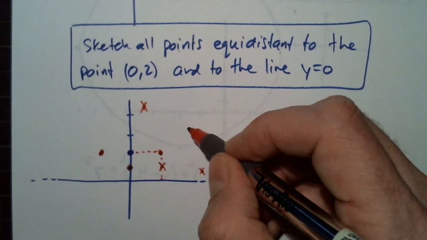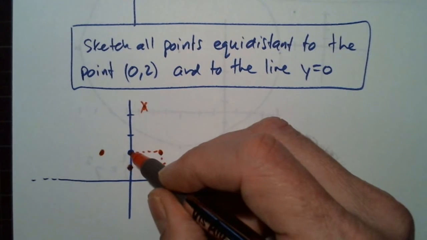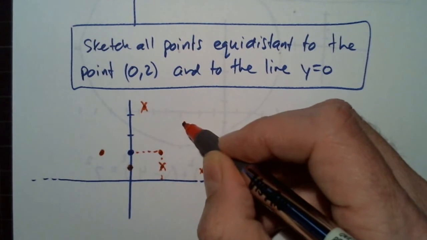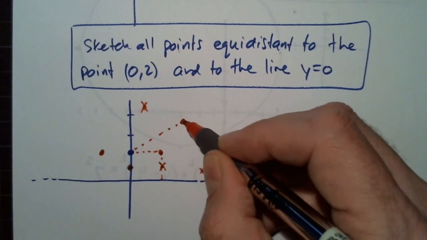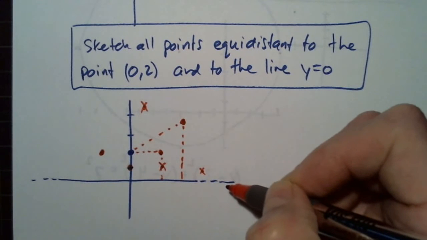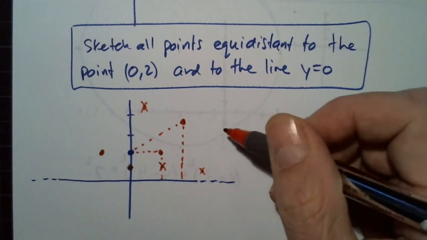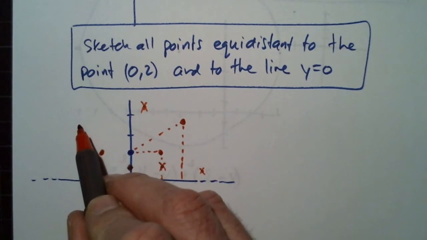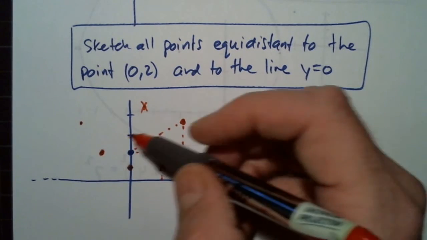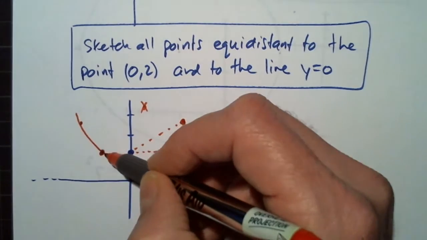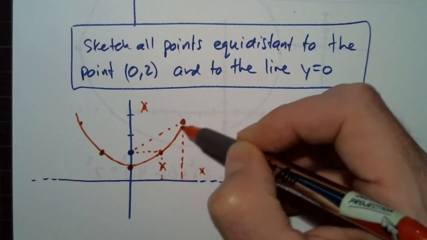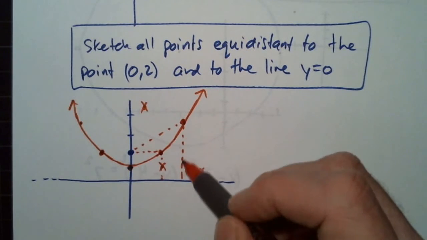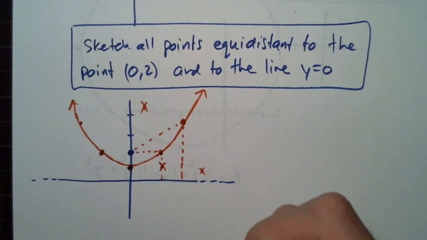We have to have something where this distance is equal to that distance, and that's approximately equal. If we have one on this side, then we'll have one on this side. And if we look at all the points that satisfy the equidistant requirement, then that's what a parabola is.